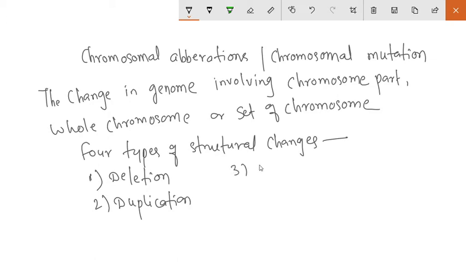Number three, translocation. And number four, the inversion. So these are the four different types of structural changes in chromosomal aberrations: deletion of the chromosomal part, duplication, translocation, and inversion. We will discuss them one by one.